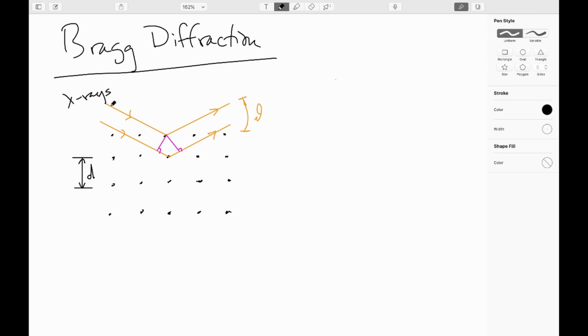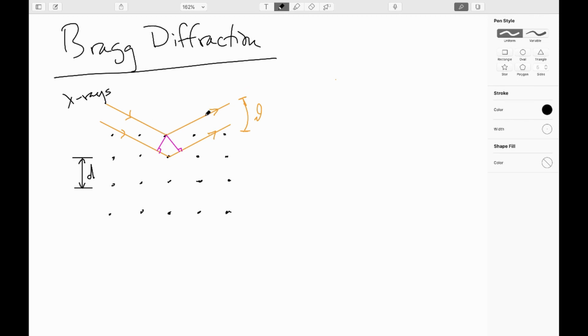Anyway, the idea goes that if I have a plane wave of X-rays coming in on some crystal, we can think of this as a whole collection of parallel rays. So this ray might happen to just scatter off against this particular atom right here.